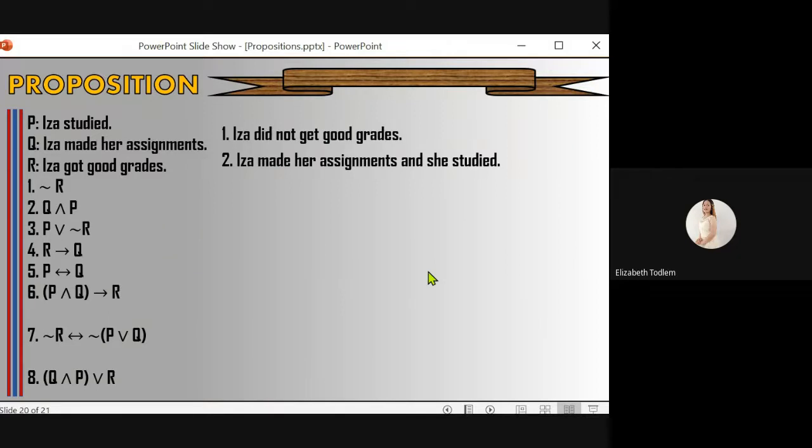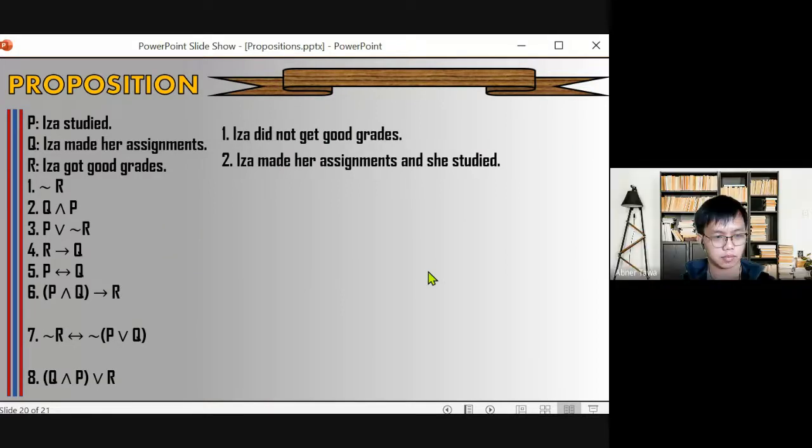Isa studied and Isa got good grades. Okay, let's check kung tama yung sagot natin. So we have here P, Isa studied. Okay, so what is the connective we are going to use if this is the symbol? Is it and or or? Anong symbol yung capital letter V?